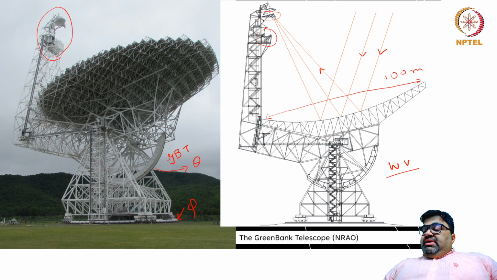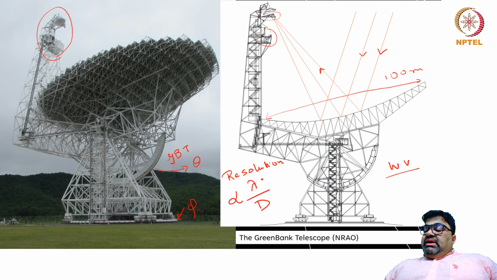Now, we also know that there's an interesting thing about the resolution. You are able to resolve two sources on the sky if they are separated by an angle proportional to lambda over D, where D is the dimension of the dish.